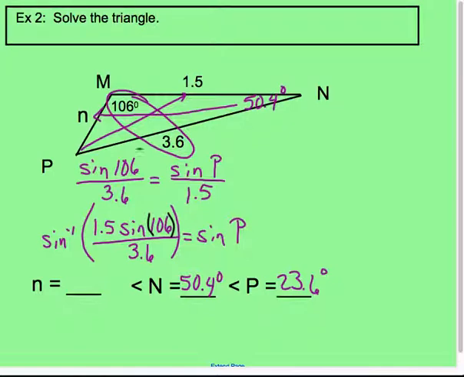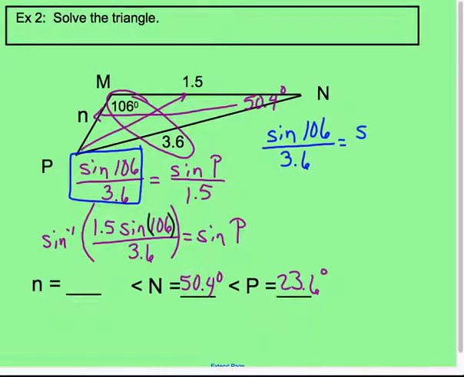I'm going to stick with this ratio that I started with because I didn't round to set up that ratio, so I will not have additional rounding error when I solve for side length N. Because I did round when I solved for the measured angle P, which means my angle N has rounding error as well. This time my variable is in the denominator, so I'm going to cross multiply.